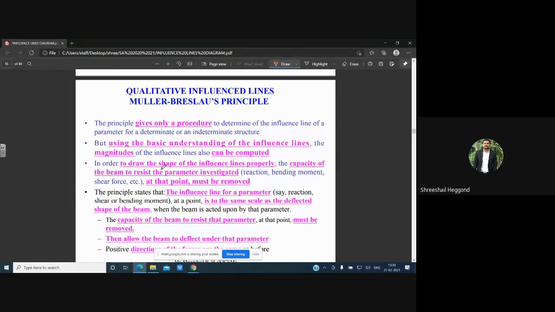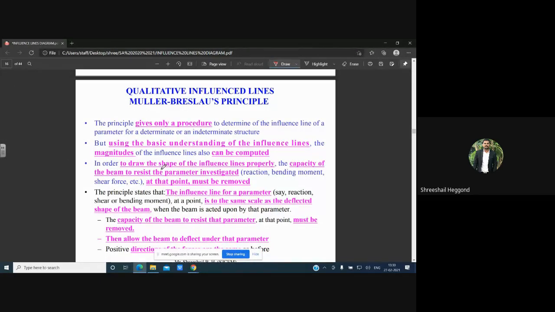But using the basic understanding of influence lines, the magnitude of the influence line also can be computed.